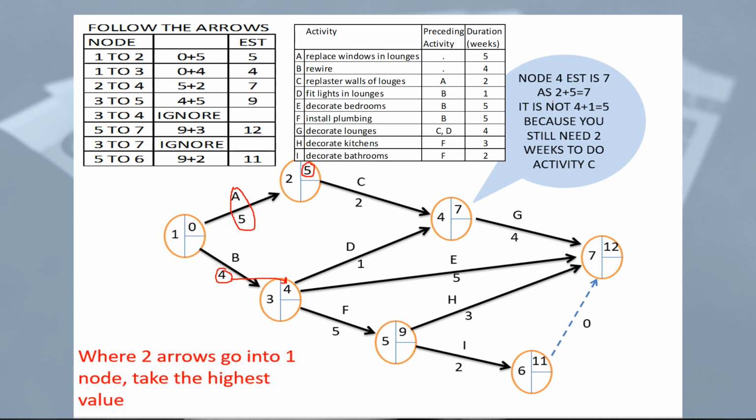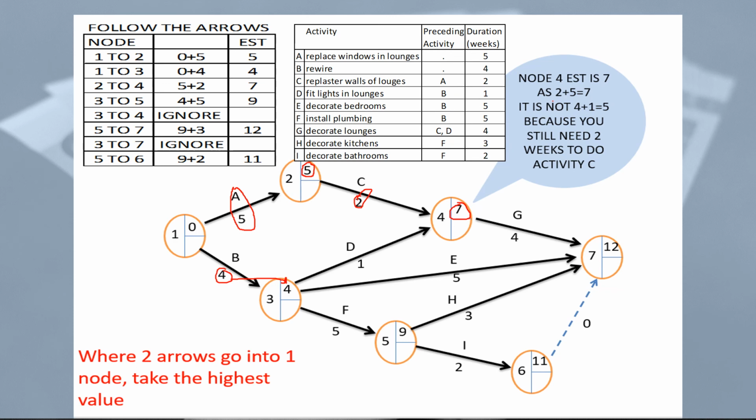So C here is replastering the walls, and C takes 2 weeks. So 2 weeks plus the 5 weeks here gives us 7 weeks. So 2 plus 5 gives us 7. And C leads into number 4.